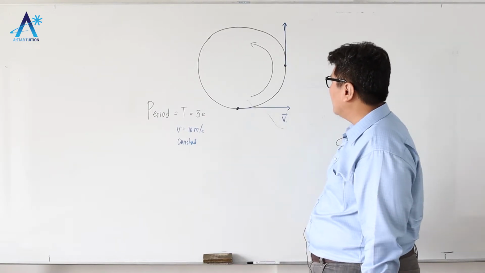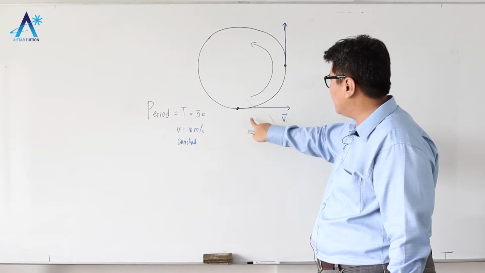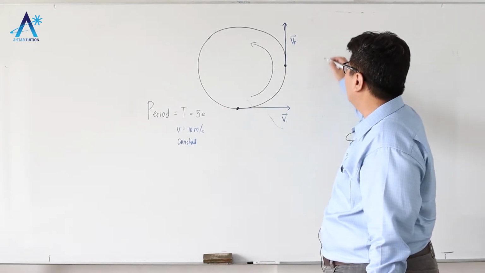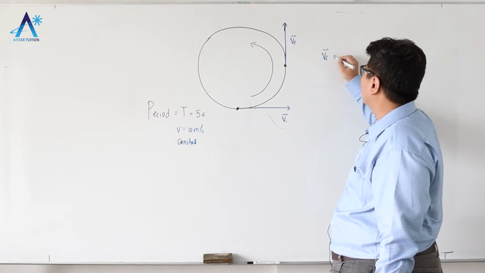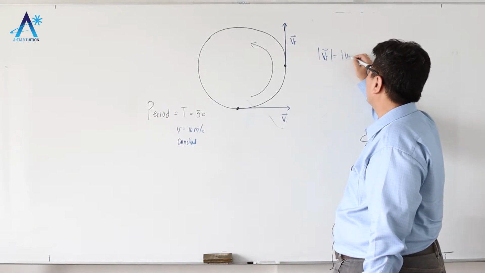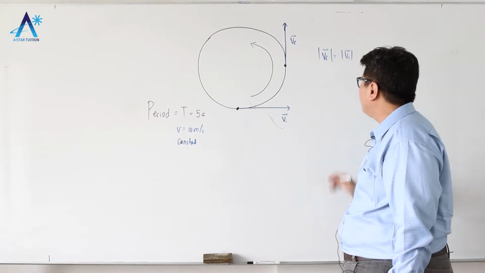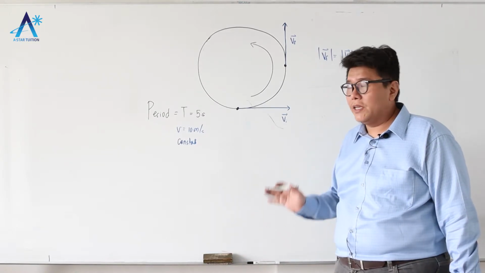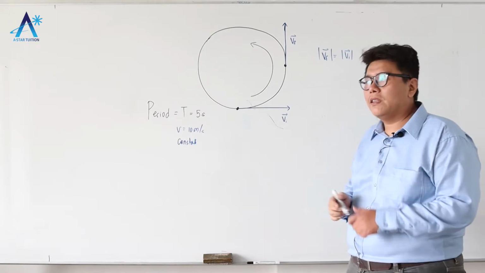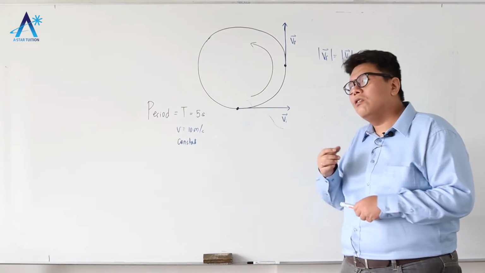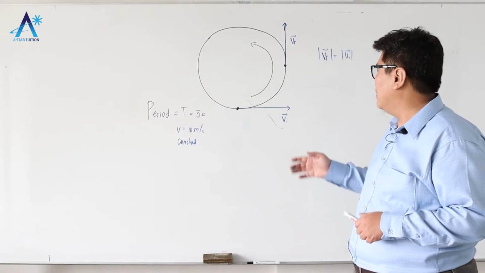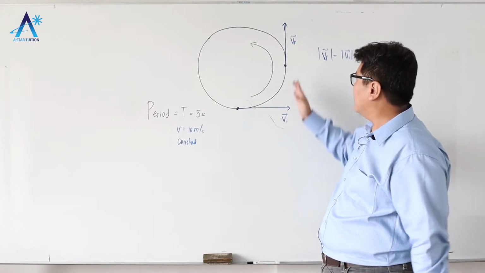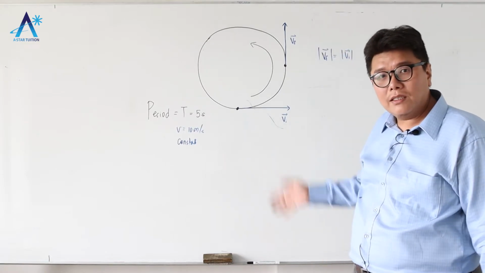So the length of this vector Vf should be equal to the length of the initial velocity vector. But they are not the same vector, by the way, because remember, a vector is described by not only magnitude but direction. So even though the magnitude doesn't change, direction-wise, it still changes.